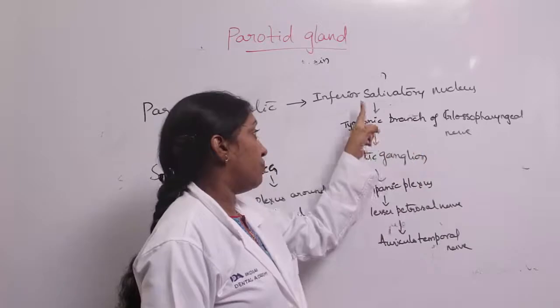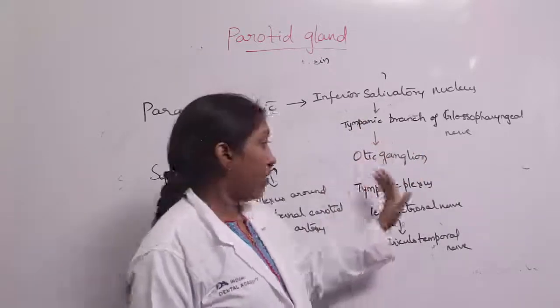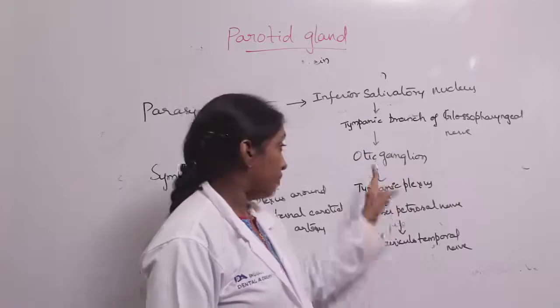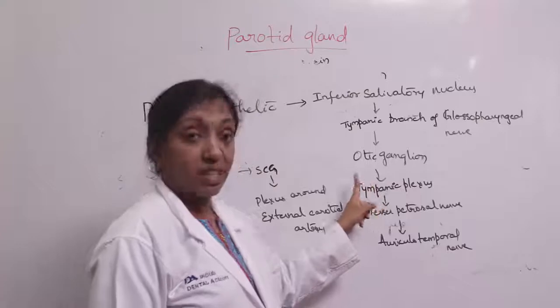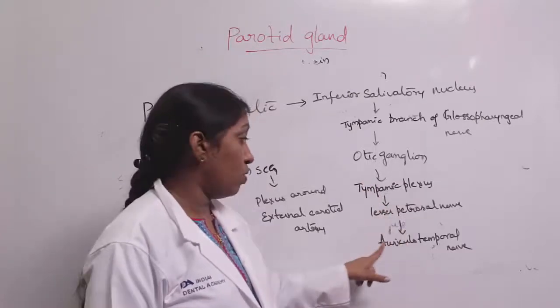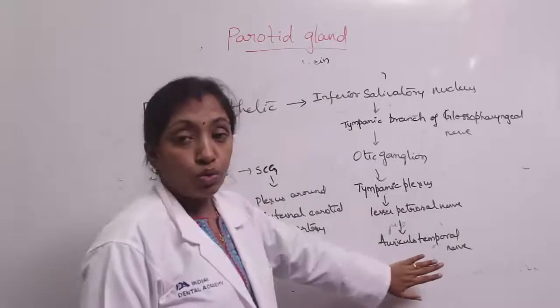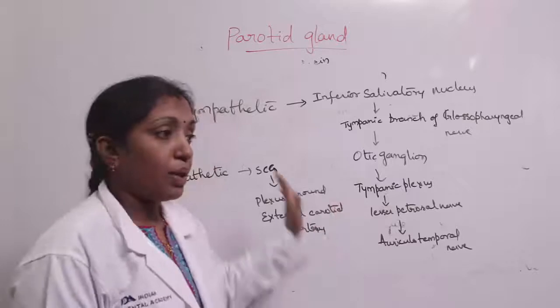They relay in the otic ganglion, and from the otic ganglion the postganglionic parasympathetic fibers reach the tympanic plexus and then the lesser petrosal nerve, and it supplies the gland through the auriculotemporal nerve. So that's about the parasympathetic innervation.